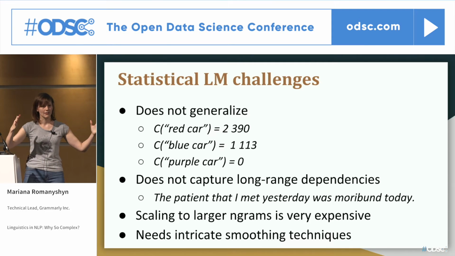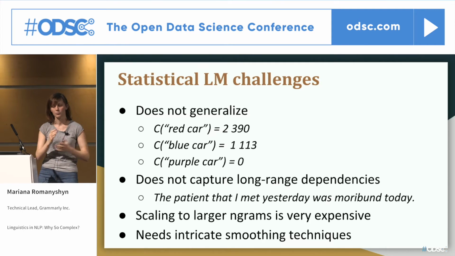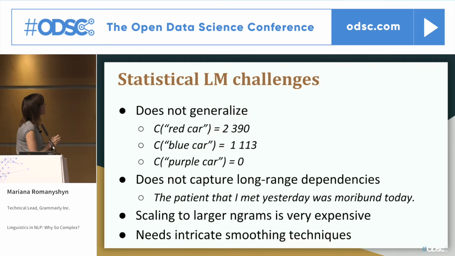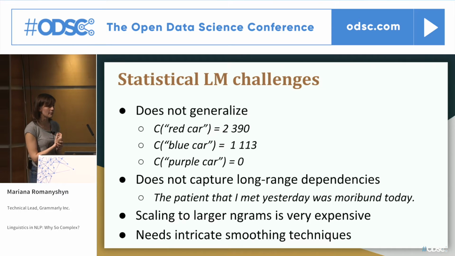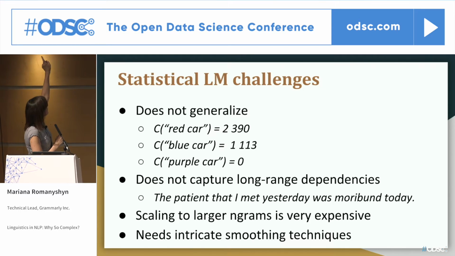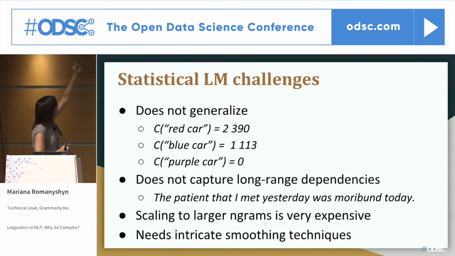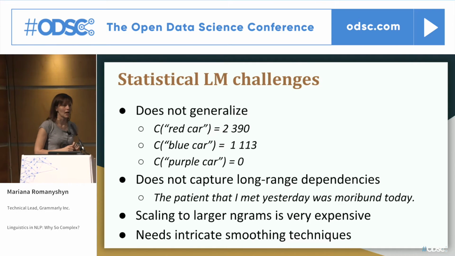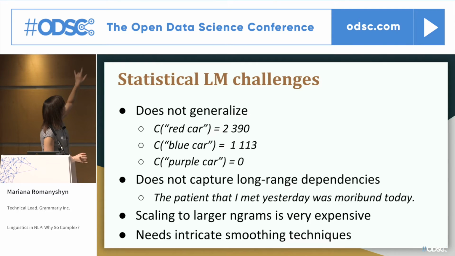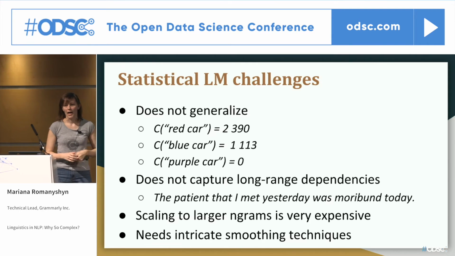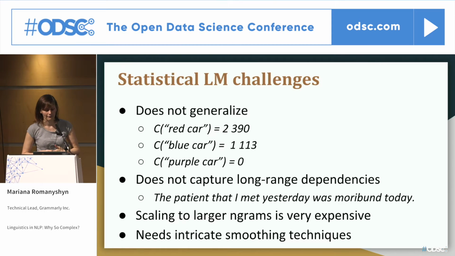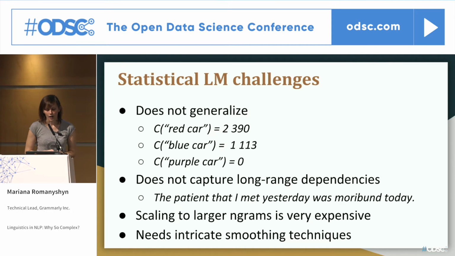The largest context that Google gives you is 5 words, 5-grams. But that makes us lose some information. If we have a sentence, the patient that I met yesterday was moribund today, the word moribund, if we see it in the context with patient, we would get some higher counts. But there are 5 words between those two, and we lose information, we will have these 0 counts all the time.